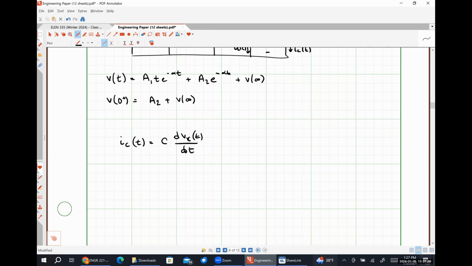So C times 0 is 0. So if the current is 0, it's an open circuit. Just as a heads up, if our current isn't changing, then this derivative term goes to 0, which is why an inductor looks like a short circuit, because the voltage drop is fixed to be 0 volts.